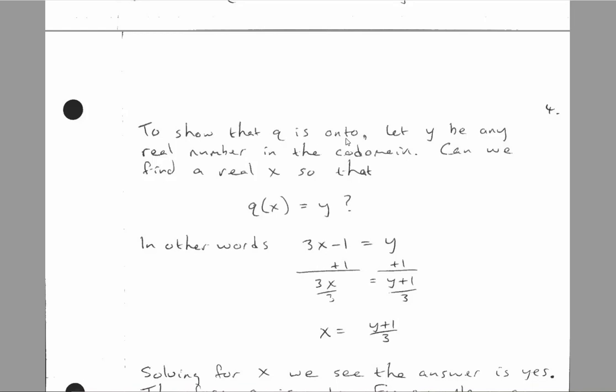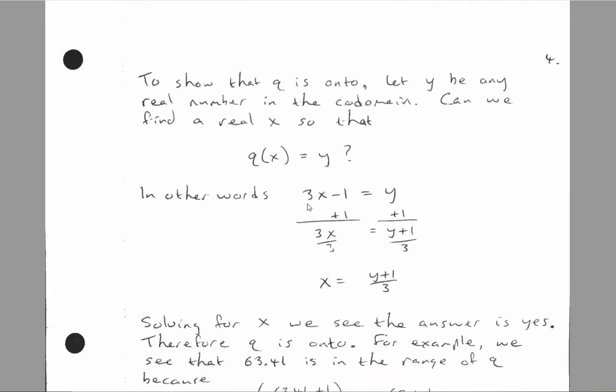To show that Q is onto, so the last part, well, take any real number y in the codomain, so yeah, real number. Can we find a real x so that x gets sent to y by Q? So can we find an x so that 3x minus 1 is equal to y?